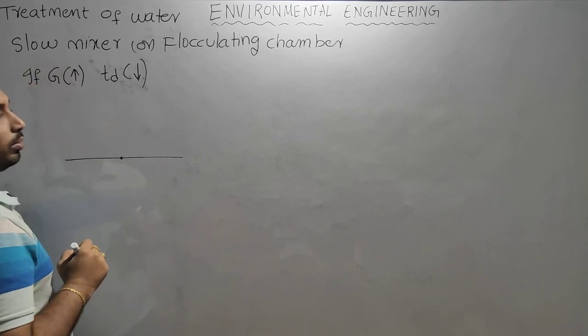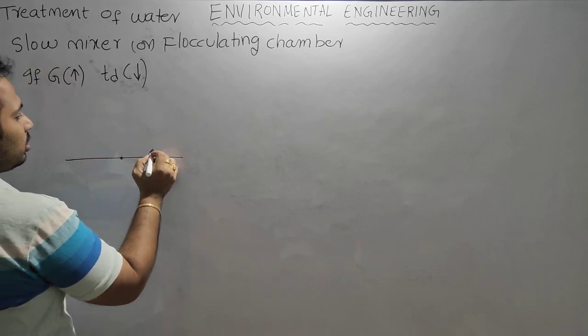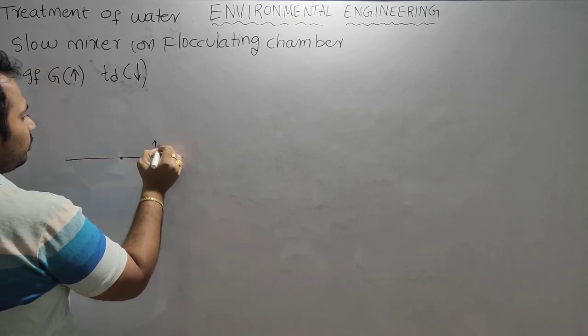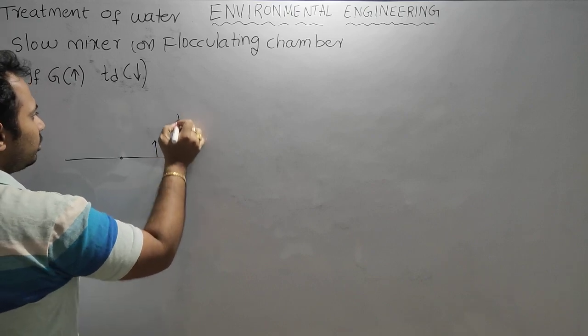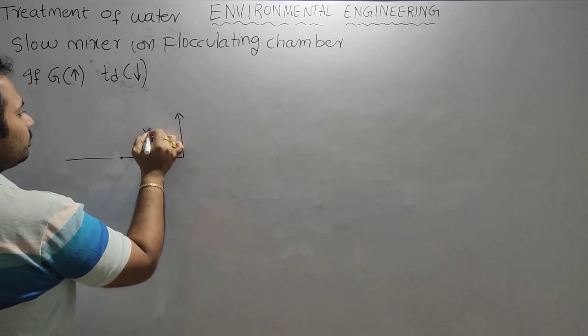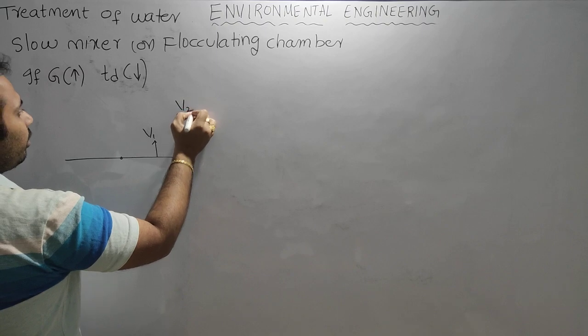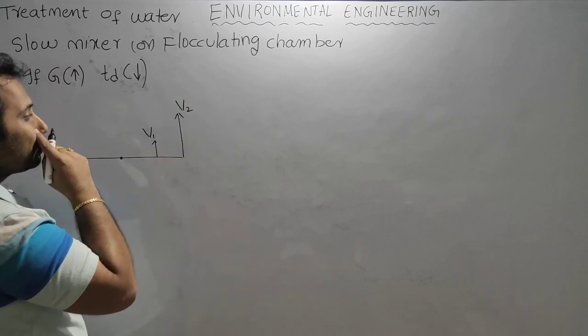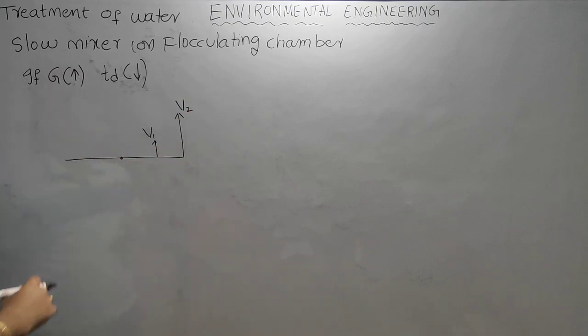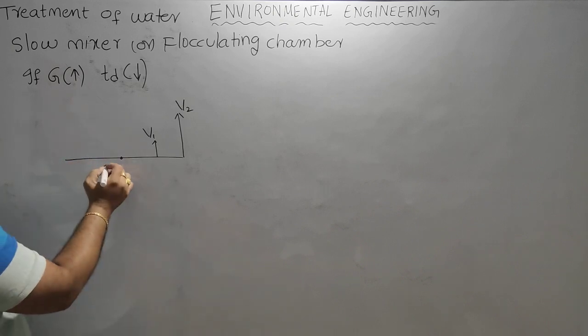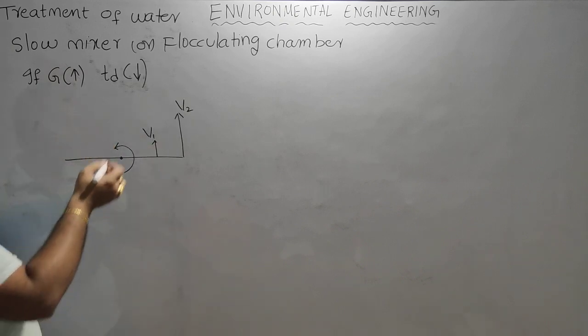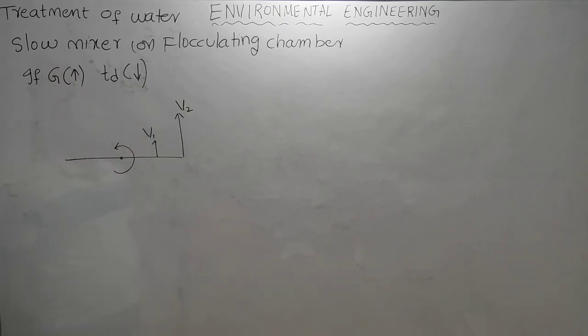This is a shaft. G more means the difference of the velocity is more, right? The difference of velocity is more. It is a rotary kind of movement, so the shaft is rotating either clockwise or anti-clockwise in a circular way.